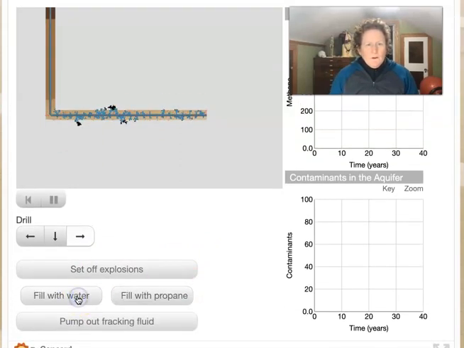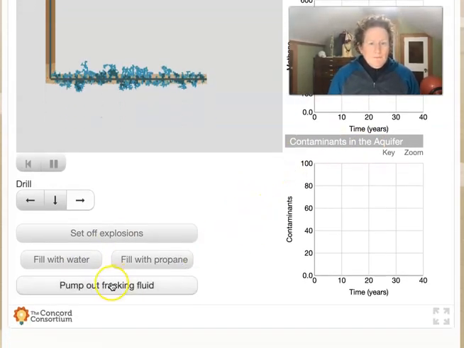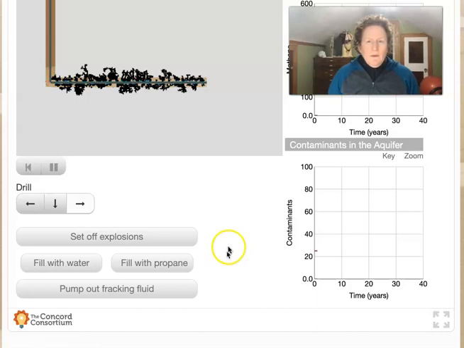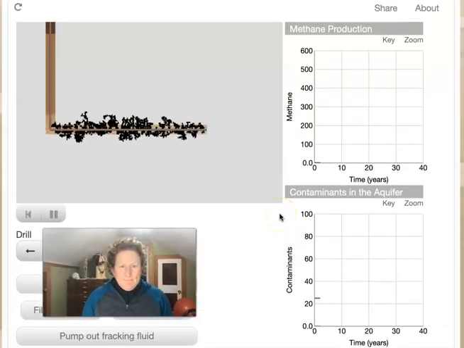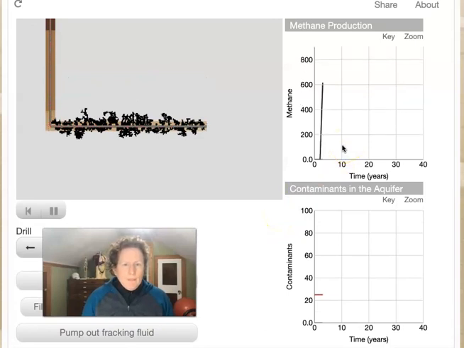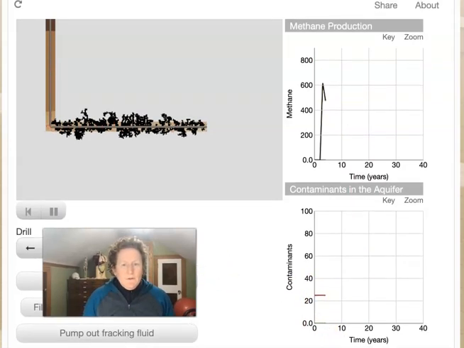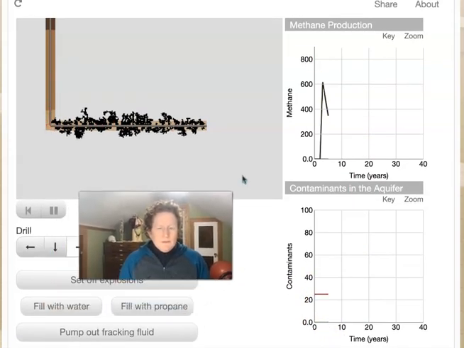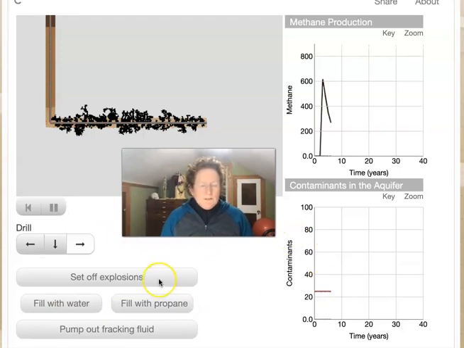We'll fill it with water, so that can potentially leak and contaminate the aquifer here. We'll pump out the fracking fluid, and hopefully we'll see that we get some natural gas production here. Yep, we get some natural gas, and we also get some contaminants. Let's drill another well and see what happens, and see if we get more contaminants.